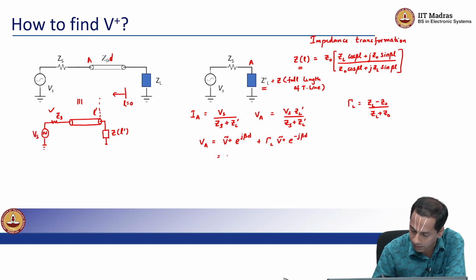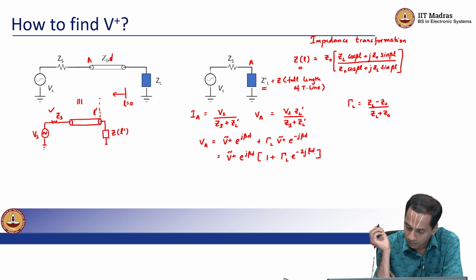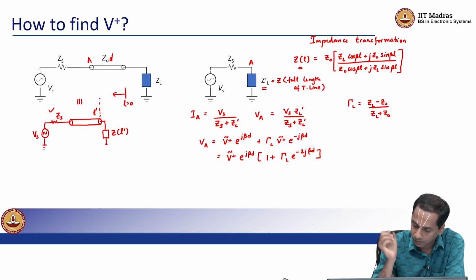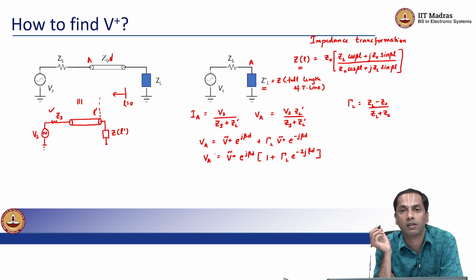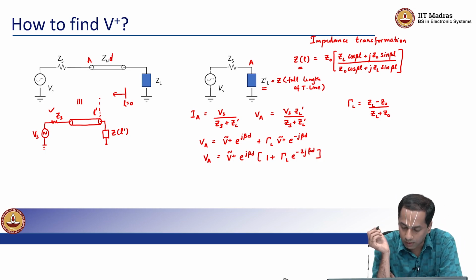Okay, so you can just take out V plus e to the j beta d common, okay. So this is your Va as written in form of V plus, right.